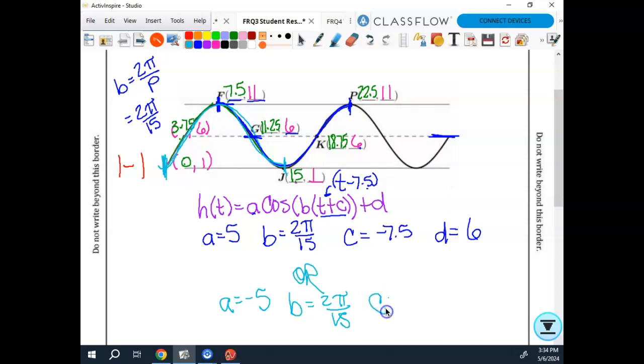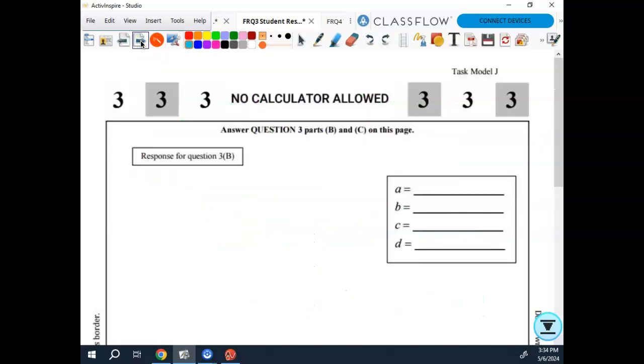So C is equal to 0, and D is the same also, which is 6. Okay, so let's put these over here. We had 5, 2 pi over 15, negative 7.5, and 6.